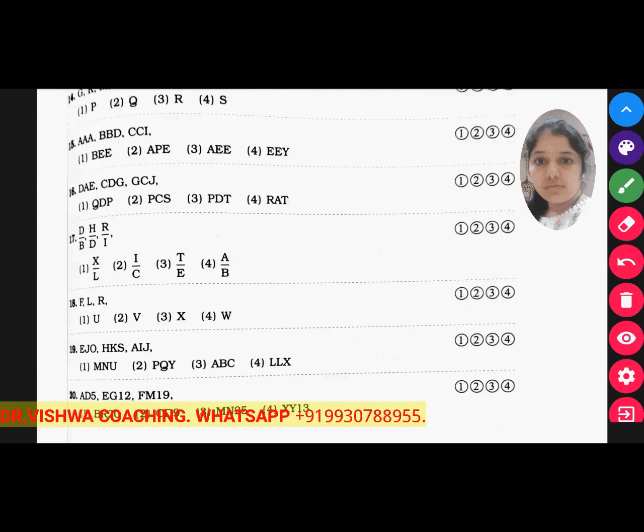Now see, we will just take the fraction format of one problem and then I will take leave of you. Now see, D has number 4, B has number 2, H is at 8 and D is at 4, R is at 18 and I is at 9th position. Now if you look carefully, their division is 2.